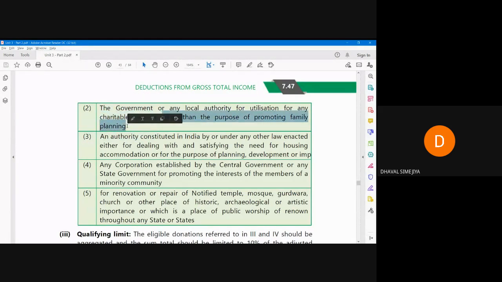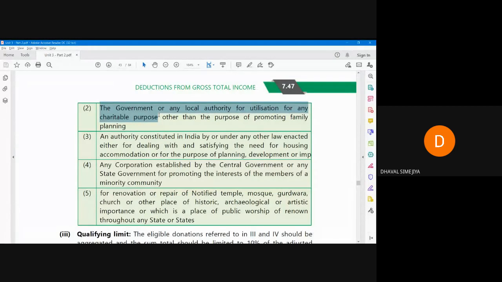It means if family planning, then 100% allowed. If other than family planning, then 50% allowed.